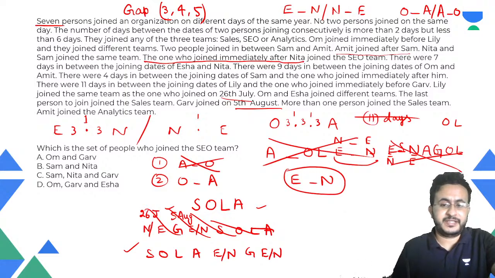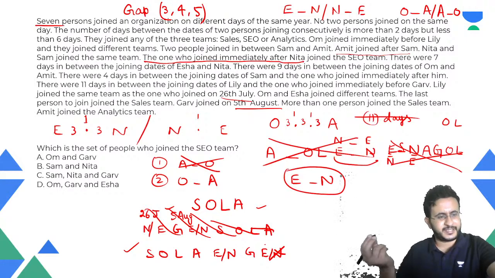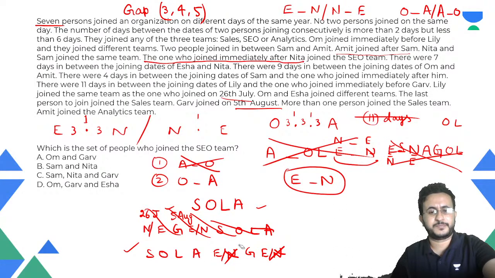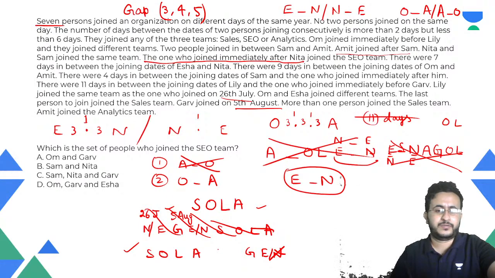So that means Neeta cannot be the last person. If Neeta is the last person, there cannot be any person after Neeta, right? So Neeta will not be the last person, Neeta will be this person.